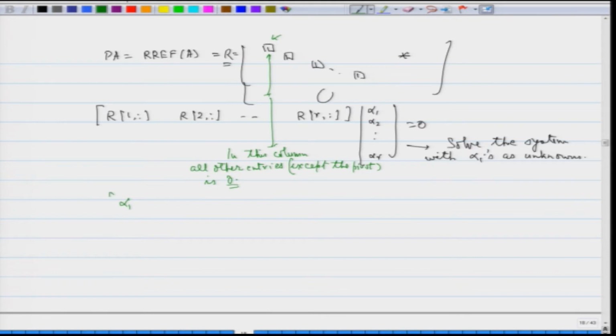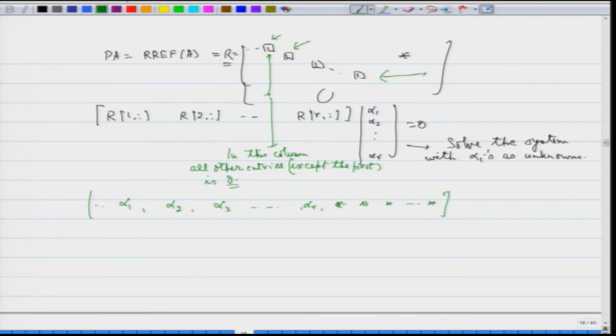Is that okay? Similarly, this has come at some place, I do not know which place it is. So, this will give me alpha 1 times 0, alpha 2 times 1, alpha 3 times 0, and so on. So, it will give me alpha 2 somewhere, similarly alpha 3 somewhere, and so on till alpha r, and I do not know what the other parts are.